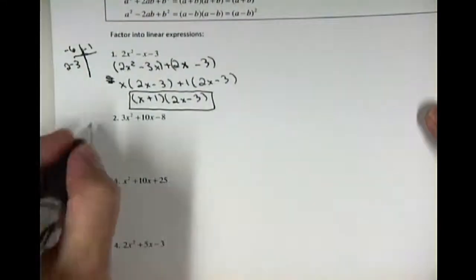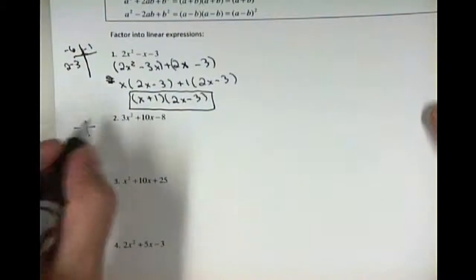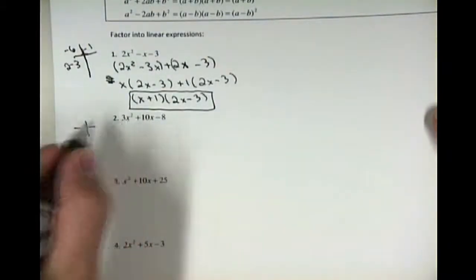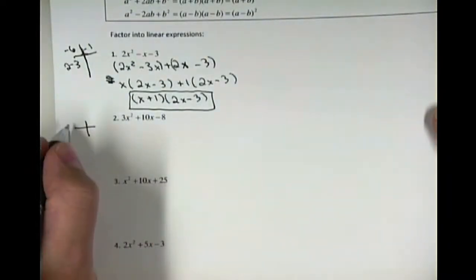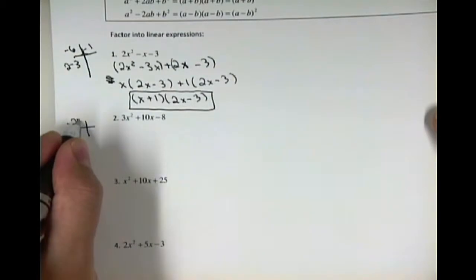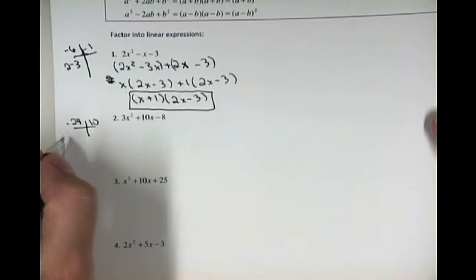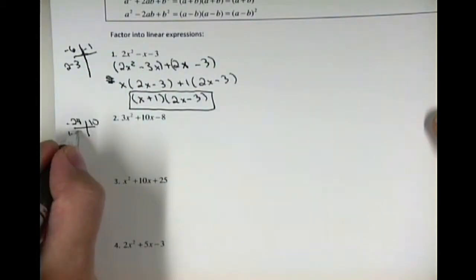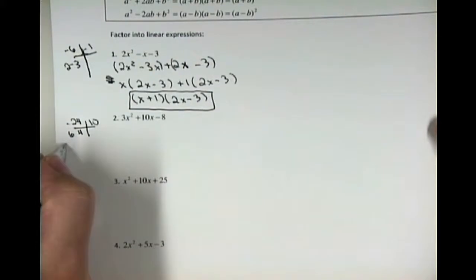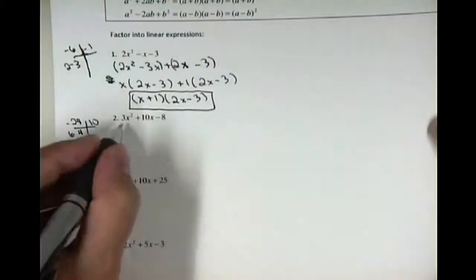Alright, so let's do one that we haven't done before, which is this one. We're going to take 3 times negative 8, which is negative 24, and we want factors of that add up to be 10. How about, I want to say 6 and 4, but that's not going to work. How about 12 and 2? If the 2 is negative, they'll multiply to be negative, but they'll add to be that positive 10.